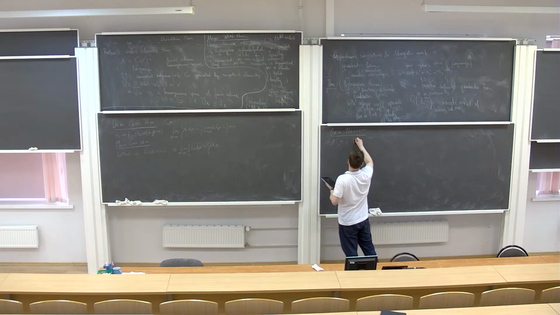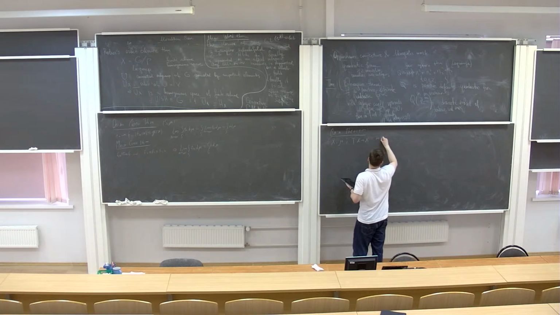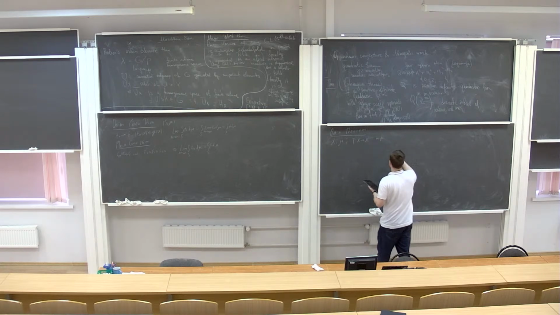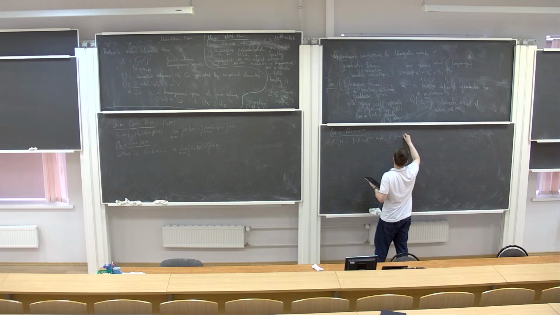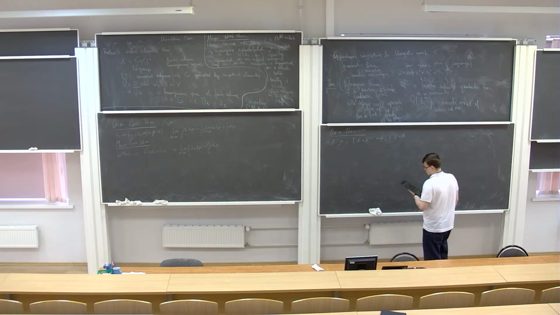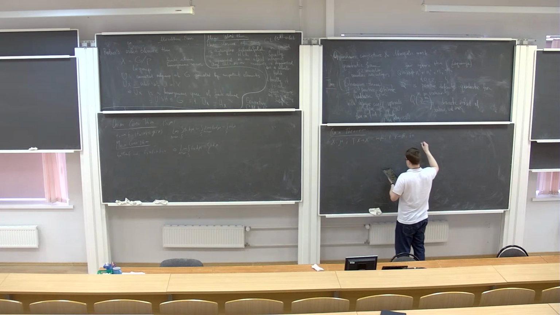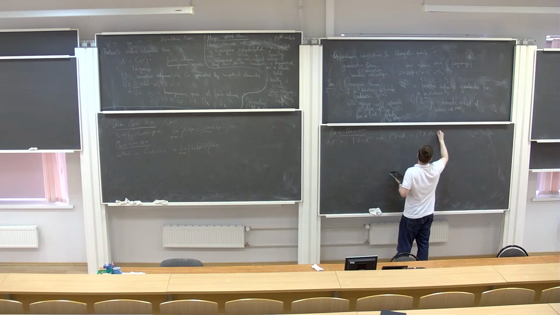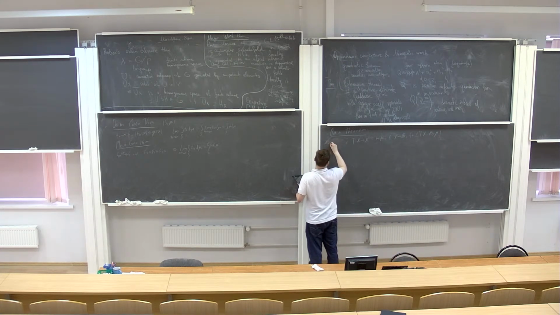Let T from X to X be a measure preserving map, and let f be some real valued integrable function on X. Yeah, and also we have some Borel sigma algebra. Let's write it like that.